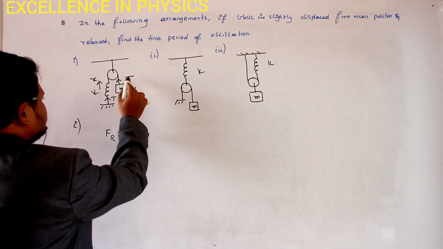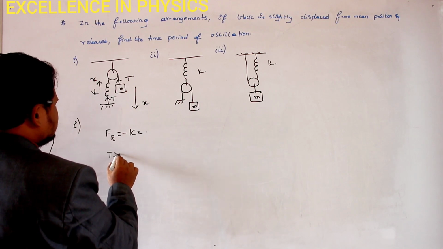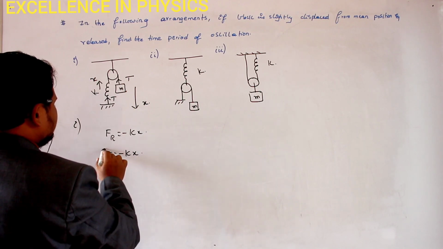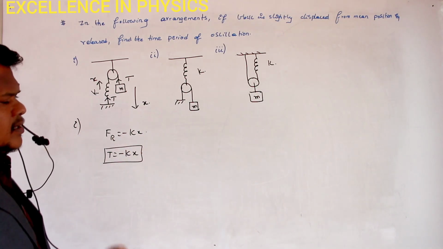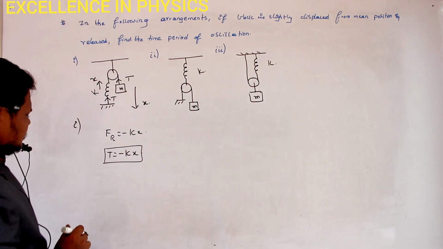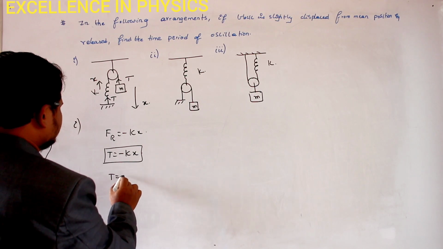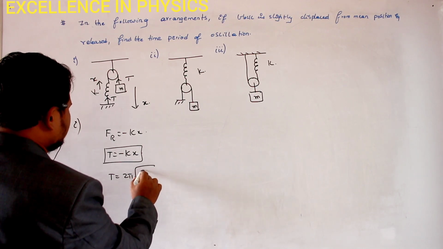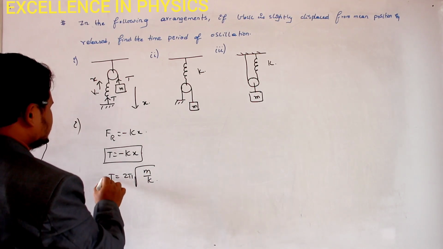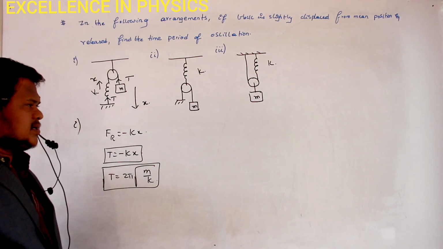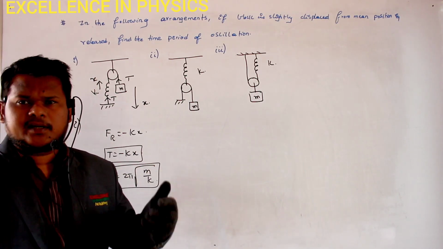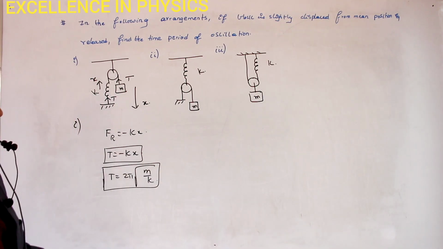On this mass, the restoring force is T. So T is equal to minus k into x. Therefore the k value remains k only. If the k value remains k only, then what is the equation for time period? 2 pi root m by k. So the equation of time period remains 2 pi root m by k. Clear? This is the answer for the first one.